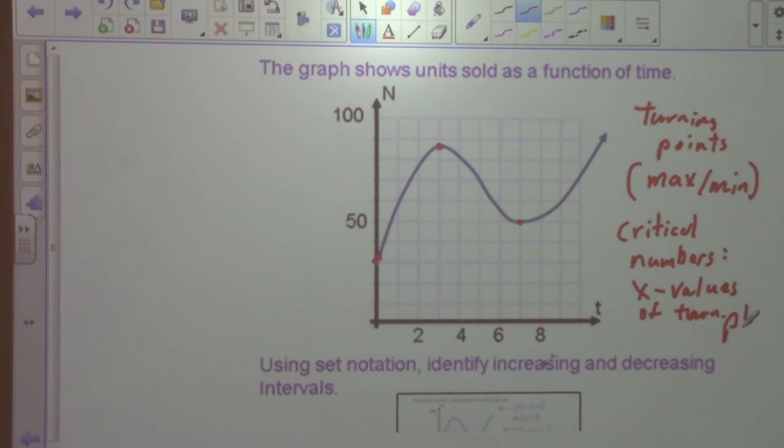I'm going to abbreviate turning points, right? So now how do we use these? What are these critical numbers? Riley, Marcus, what are critical numbers here?